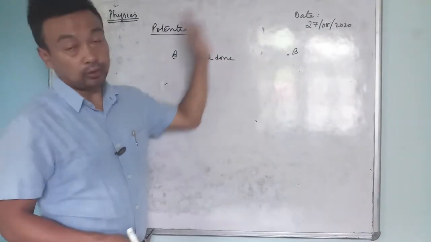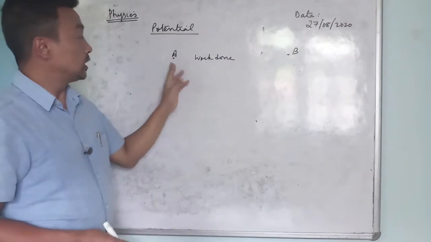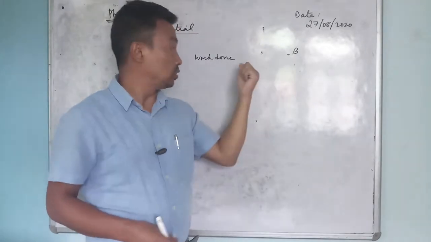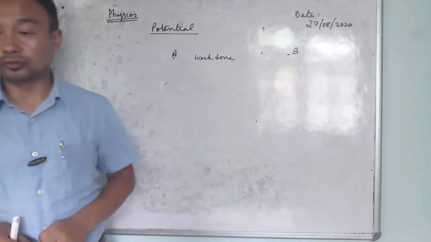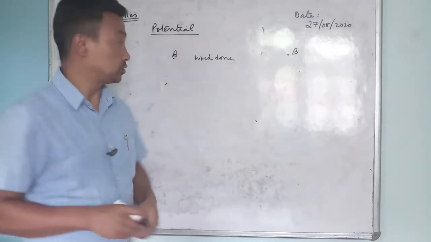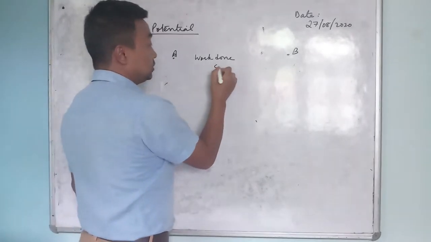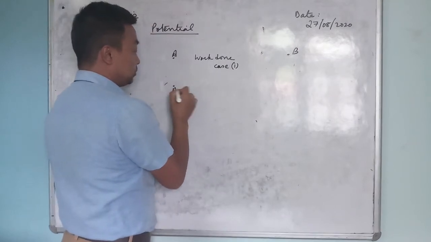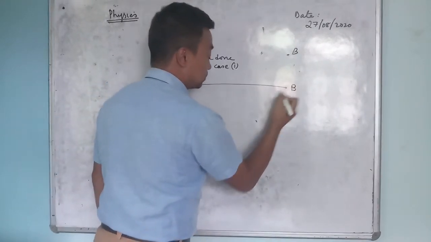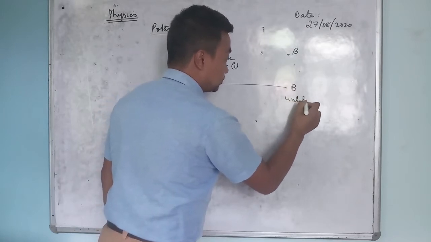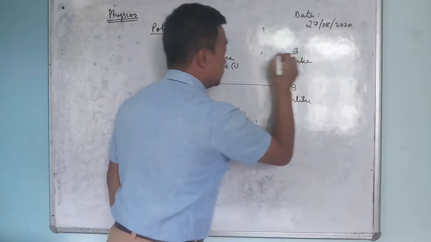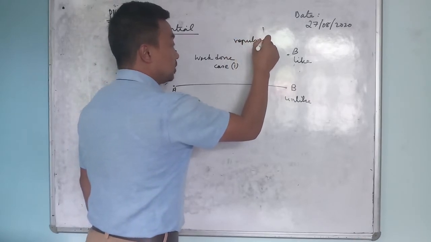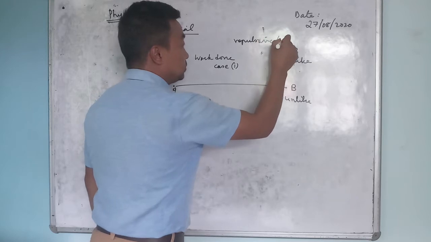Since you are taking the charge to a region where a like charge is present, the work is done against the repulsive force. So this is your first case. In the second case, suppose you take a charge to the unlike charge. Here you have a like charge, and there you have a repulsive force.